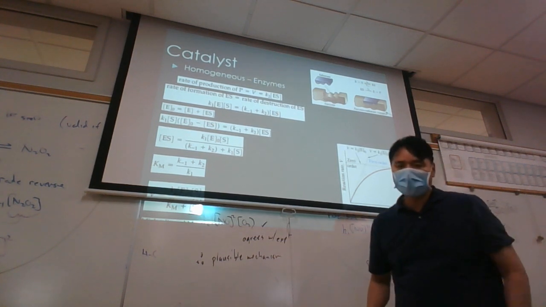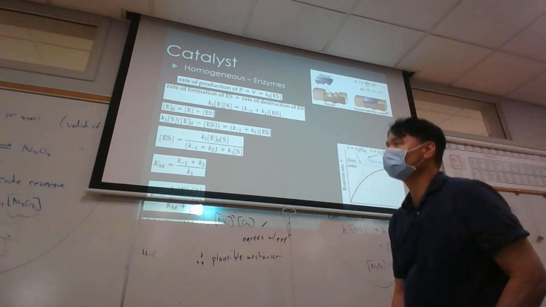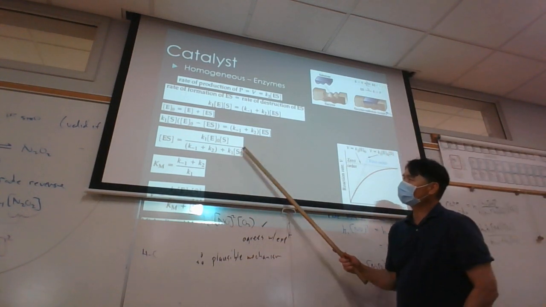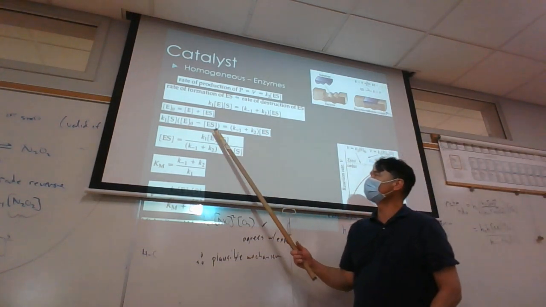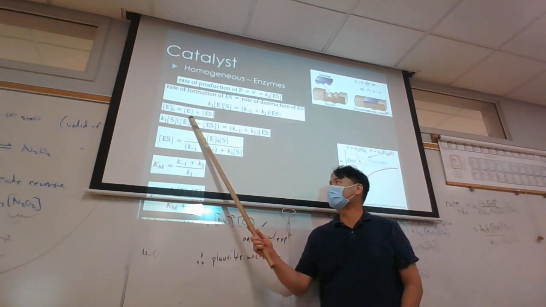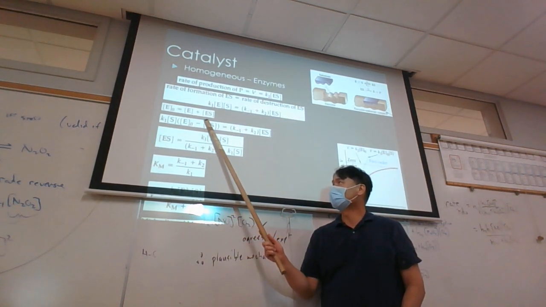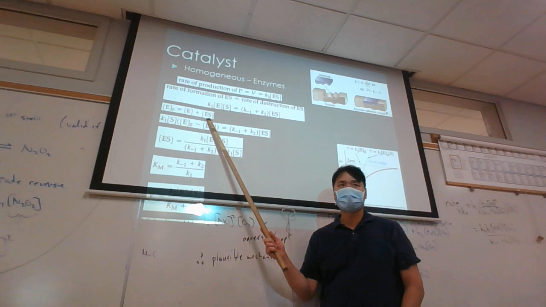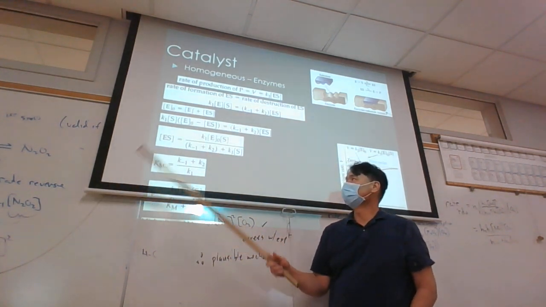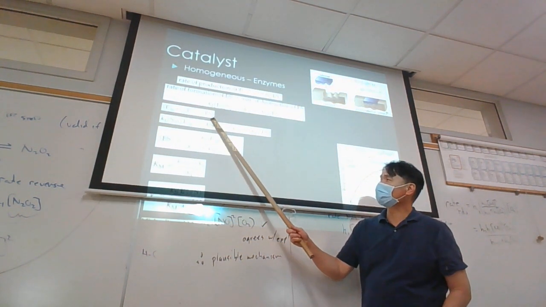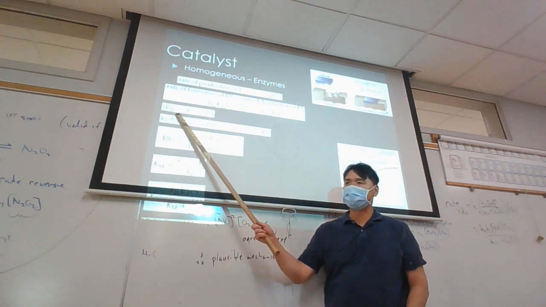Now, for enzyme kinetics, we're going to do one more thing. The one more thing we're going to do is look at what we call the free enzyme concentration and the complex enzyme concentration. So the free enzyme plus the complex enzyme is going to give us the total enzyme concentration.